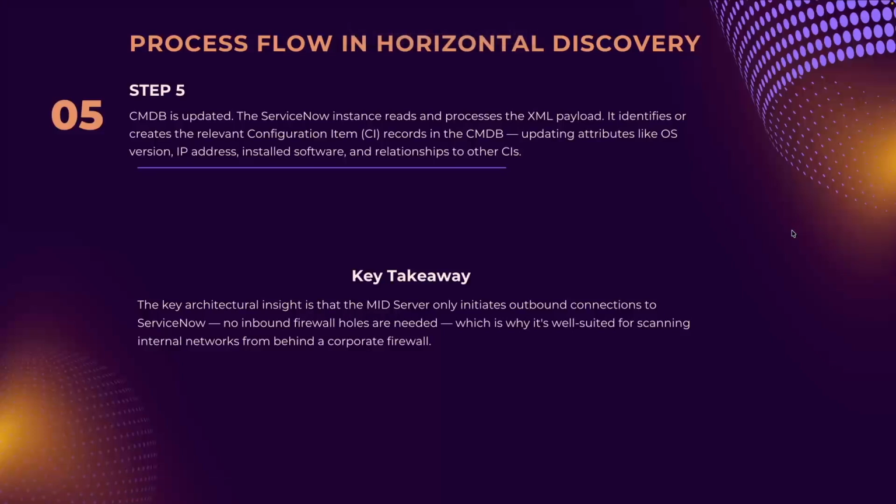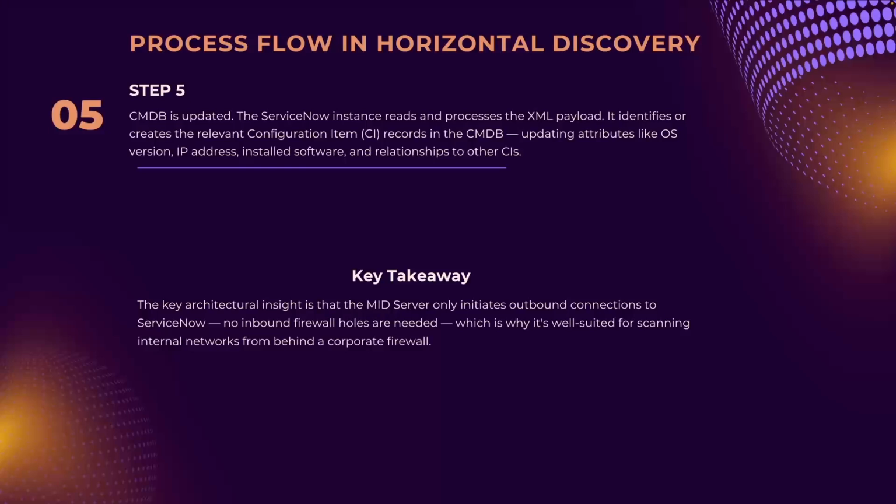In the fifth step, we now have all the information about the CI that has been collected from the ECC queue. The CMDB is either updated or inserted with a new record with this information. The ServiceNow instance reads and processes the XML payload.